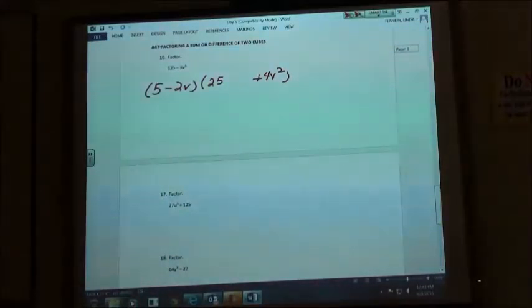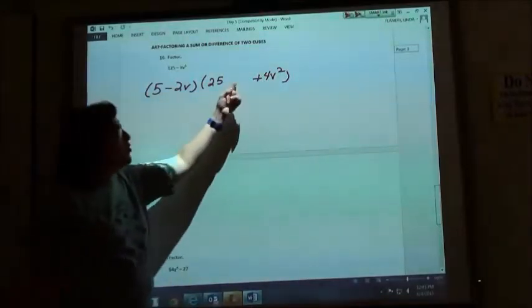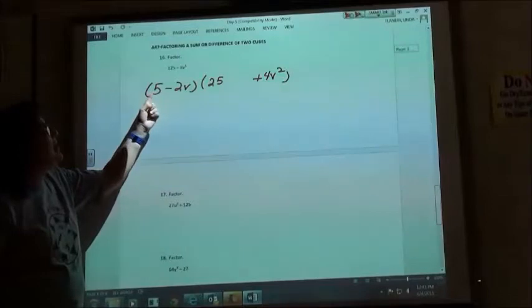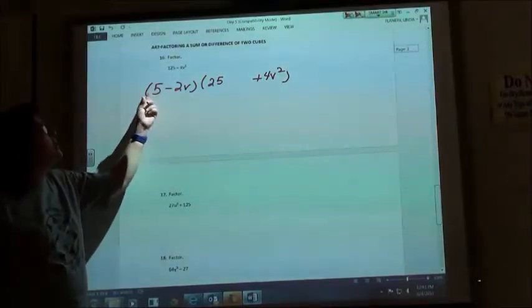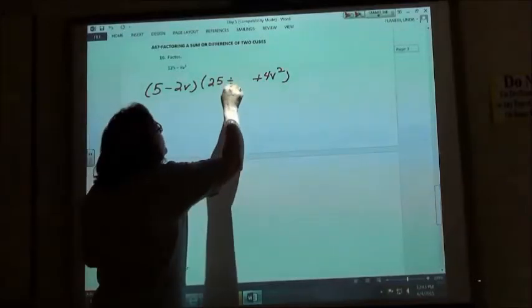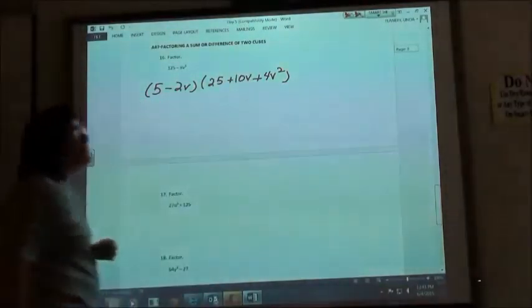That end term will always be positive because you're squaring something. The middle term is what cancels everything out when you multiply it out. It ends up being the opposite of this product. So this product here would be negative 10v. The opposite of that then would be positive 10v.